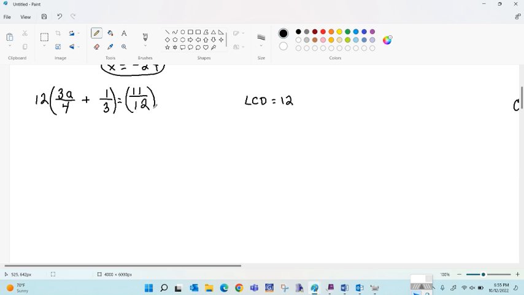And you're going to start to see that when we do this, we are consistently going to end up with no fractions to deal with. So 12 times 3/4. The 4 will cancel with this, and I'll be left with 9a. 12 times 1/3.